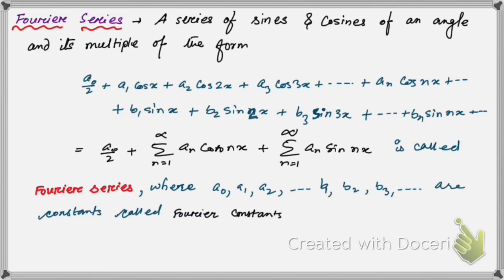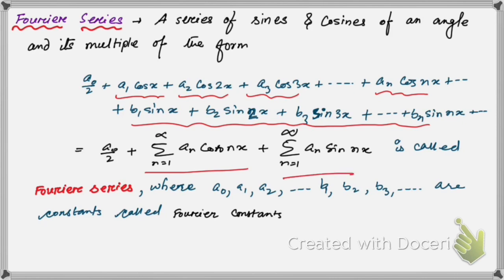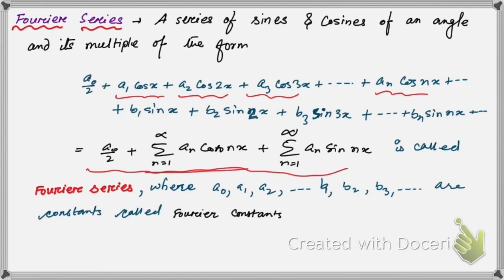The sum of this part, a1 cos x, a2 cos 2x, a3 cos 3x, an cos nx, can be written using summation from n equals 1 to infinity of an cos nx. And this other part can be written in the same way. These are very simple things. So this is our Fourier series.